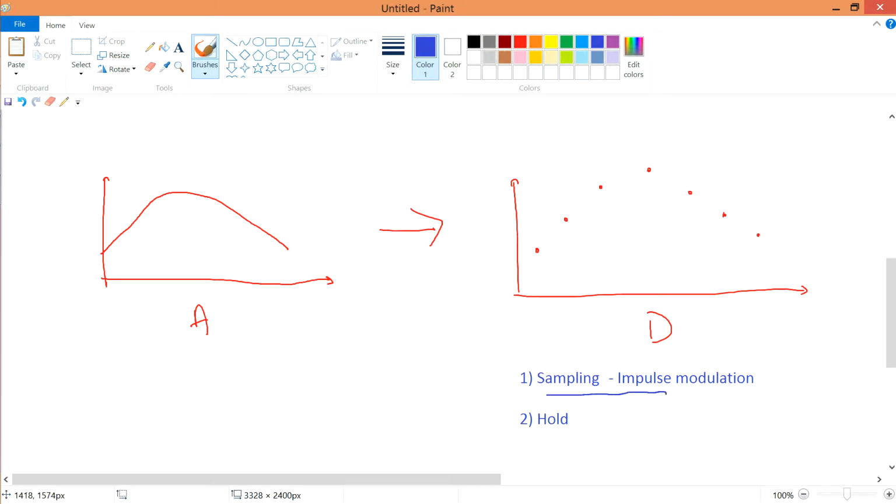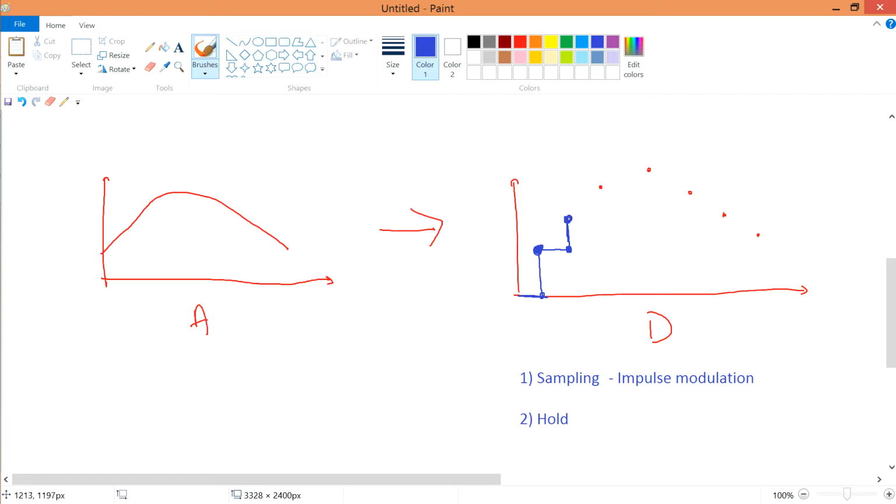So for sampling by impulse modulation, what you do is, you have some impulse. Once you reach a certain point, your impulse comes out, zoom, and reaches this point. Once it reaches this point, how do we get to the next point? You hold it, meaning you hold until the next impulse comes in, and then you vroom.